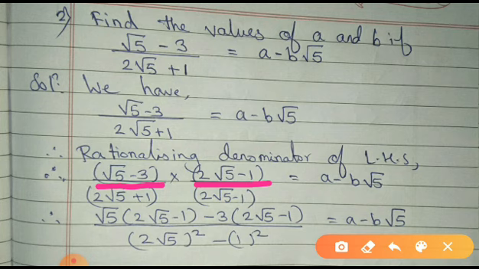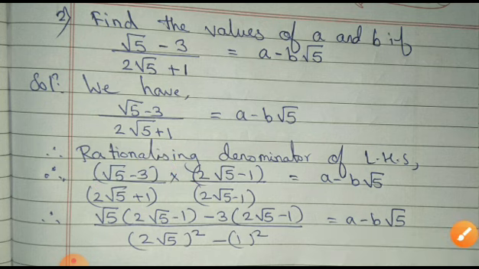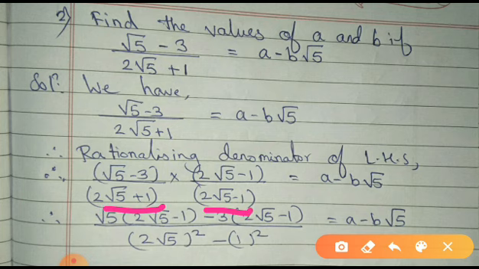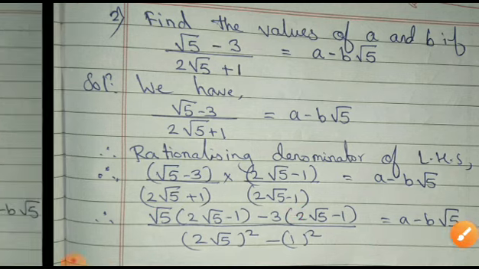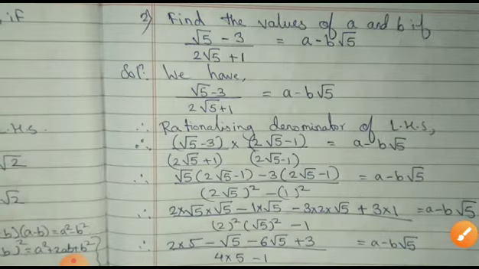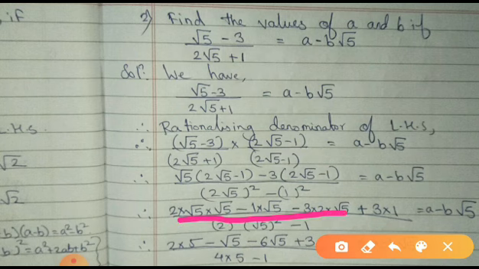So I'll be writing it as root 5 into this bracket minus 3 into the same bracket, and the denominator you have is a plus b into a minus b, so a square minus b square. Clear? So make use of the distributive property and you will get this. It is 2 into root 5 into root 5, minus 1 into root 5.